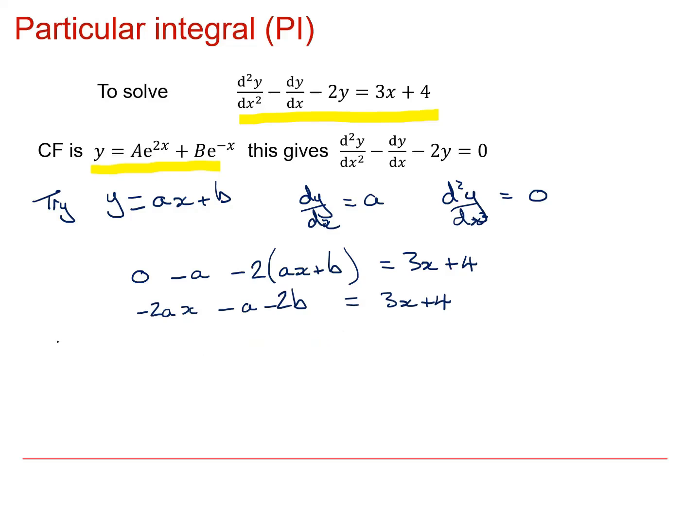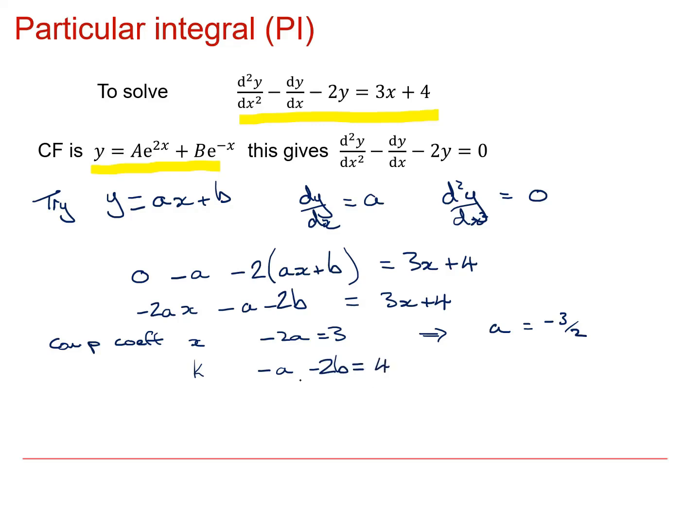So if I compare coefficients, well, if I look at coefficients of x, I'm going to get minus 2a is equal to 3, and so that tells me that a is equal to minus 3 over 2. And if I look at the constants, then I'm going to get minus a minus 2b is equal to 4.